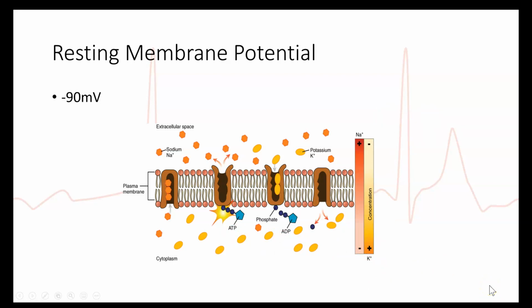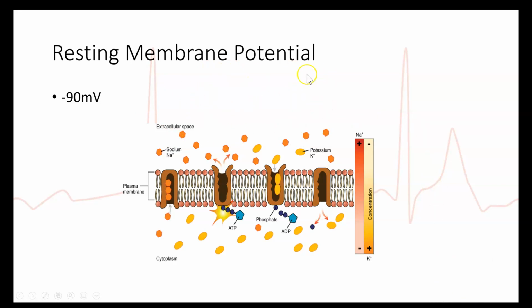We have a large amount of negatively charged anions on the inside of the cell, right? So we have a lot of anions on the inside of the cell, and we have a small amount on the outside. And then we have a large amount of chloride ions on the outside of the cell, okay? And those are negative.